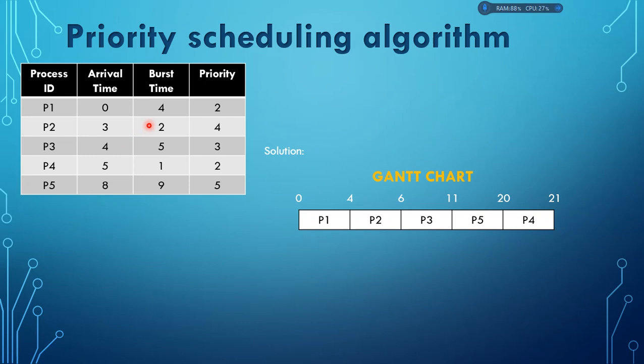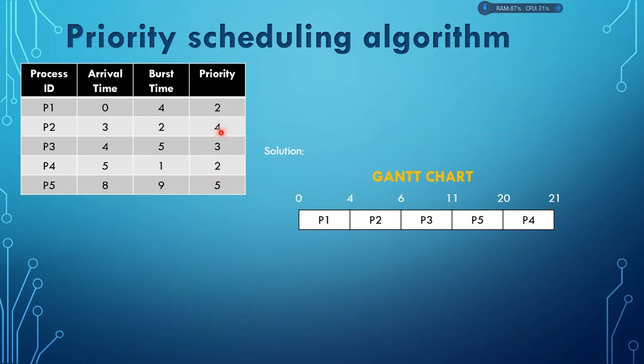P2 has the burst time of 2, and after P2, 6 milliseconds have passed. By then, P4 has already arrived at the CPU. Let us look again at which priority is higher.